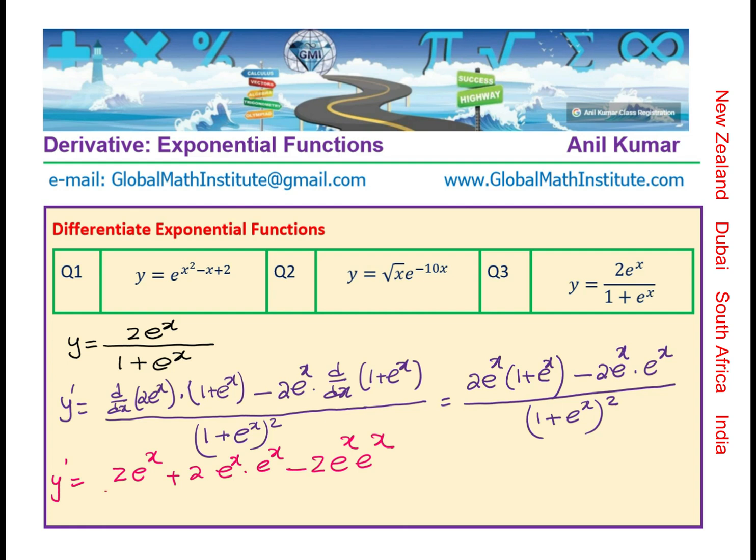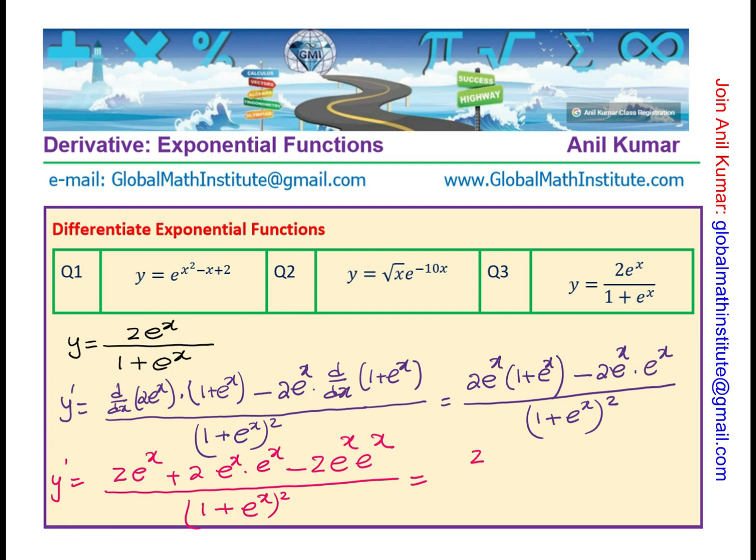Perfect. Over 1 plus e to the power of x whole square. And that gives you 2 e to the power of x over 1 plus e to the power of x whole square. So that becomes the derivative of this function.